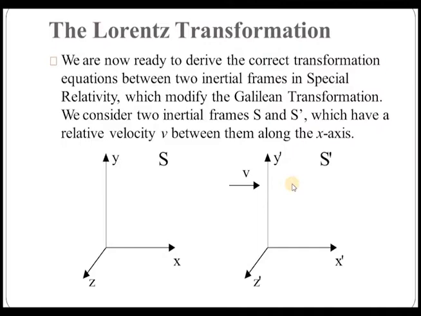And the time interval for shooting the gun observed in the S prime frame is 1 hour. If the time between the two shootings is 1 hour as seen from the S prime frame, then observed from the S frame that time will be greater. It may be 2 hours, 3 hours, etc.